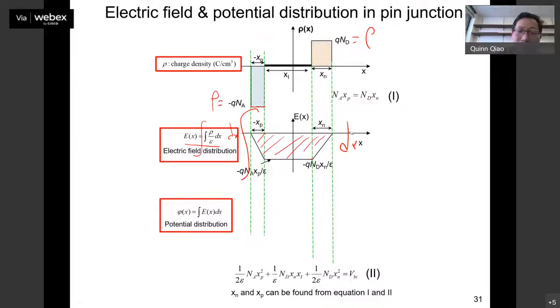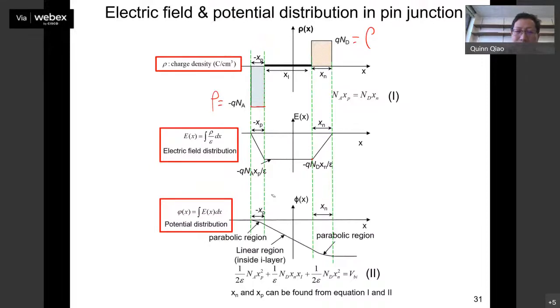And then when you do those integrations, you figure out something like this. Because this one is linear, when you integrate linear, it becomes parabolic. That's why from here to there it will be something like this, parabolic. And then here, since it's flat, it's constant. A constant multiplied by the distance is what? It's linear.